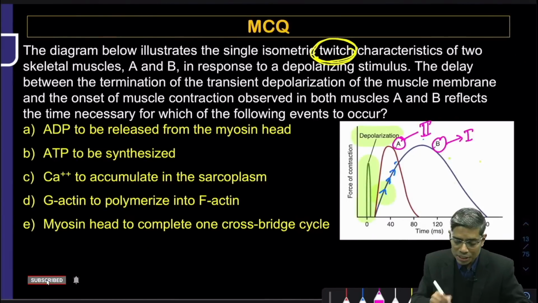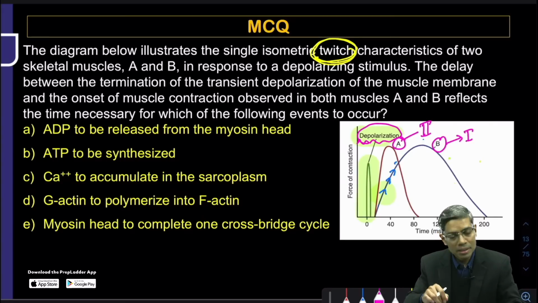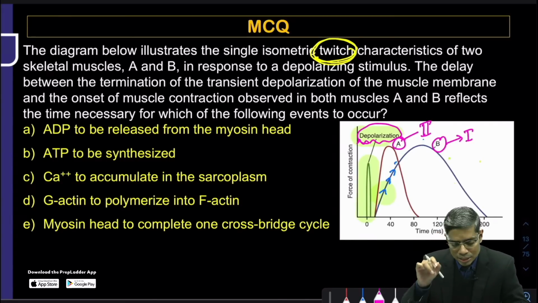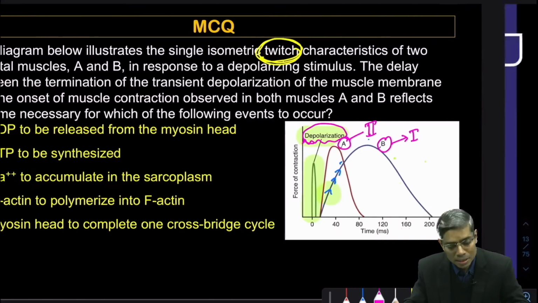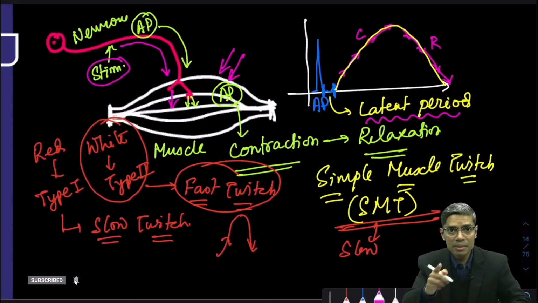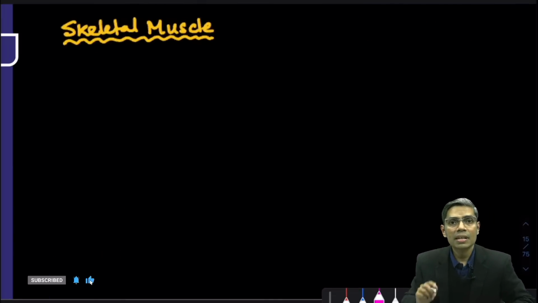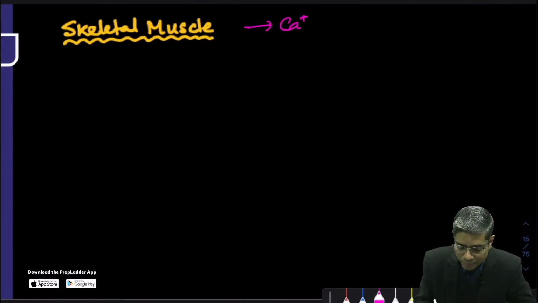That is the question they are asking here: if you give a depolarizing stimulus directly on the muscle membrane, the muscle will contract, but it will take some time. Why? If I give a stimulus on the muscle, that is electrical activity. How does electrical activity lead to contraction of the muscle? You have to understand: electrical activity leads to contraction of the muscles by releasing calcium.